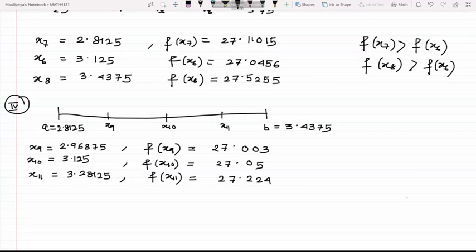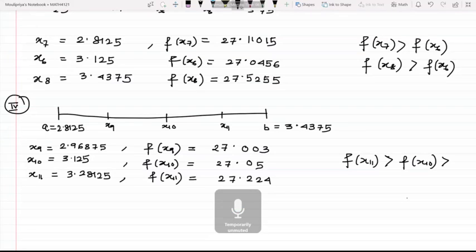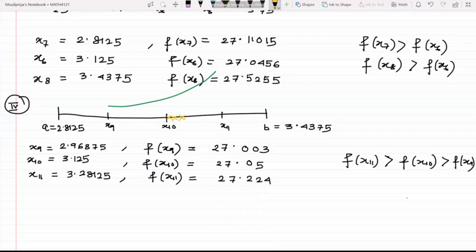That implies we have f of x11 more than f of x10 more than f of x9. So the function is basically increasing, right? Increasing function. So without any doubt, we can eliminate the region from x10 to b.